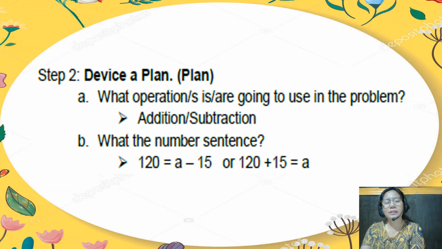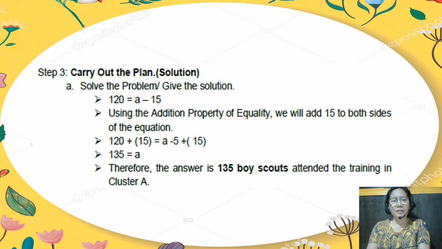It can also be subtraction. What is the number sentence? We can use 120 is equal to A minus 15, or it could also be 120 plus 15 is equal to A.